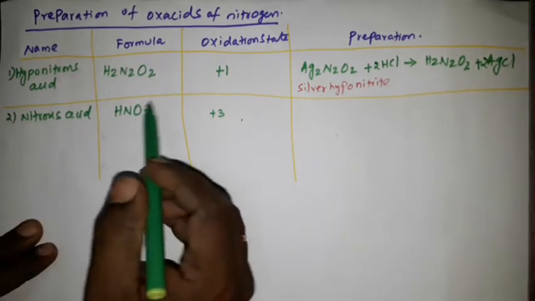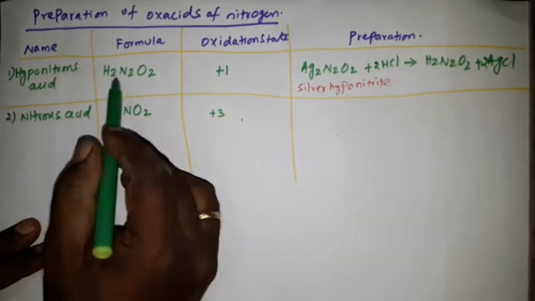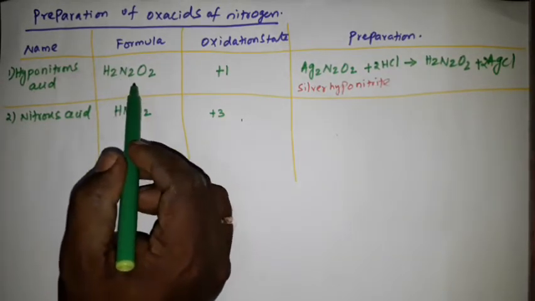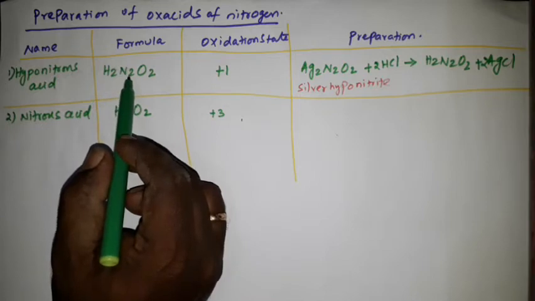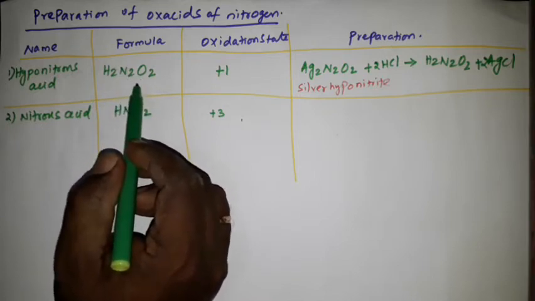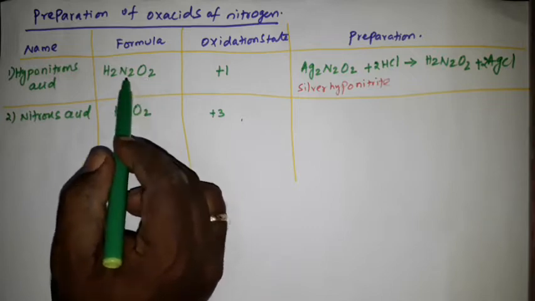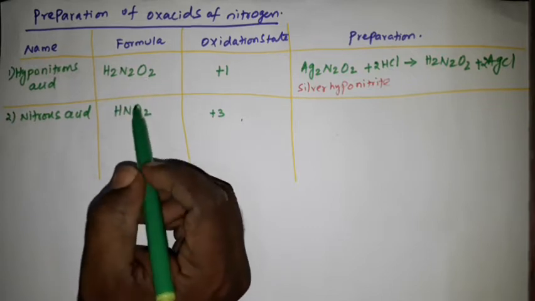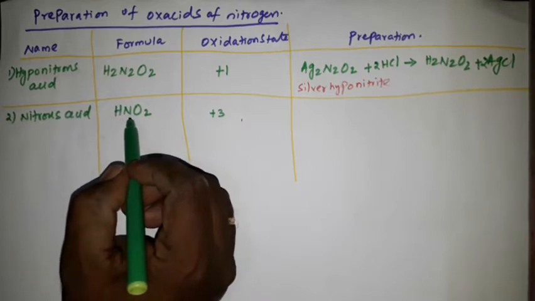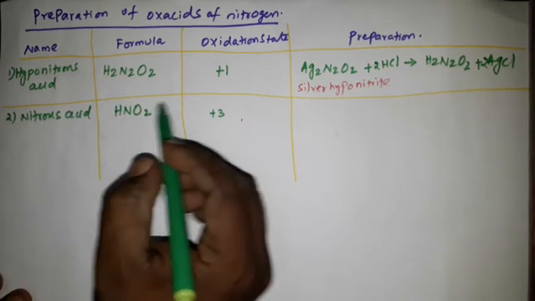The oxidation state is only for nitrogen. You know how to calculate the oxidation state for nitrogen. I have already explained the calculation of oxidation state for nitrogen in all the compounds in the previous video. So you can calculate the oxidation state of nitrogen in nitrous acid, and you will get +3.